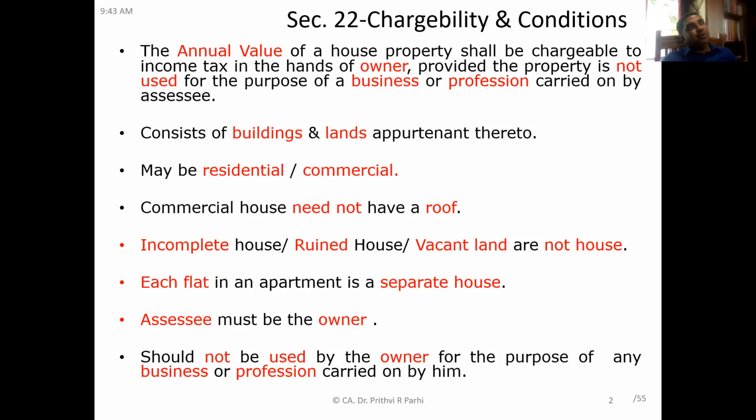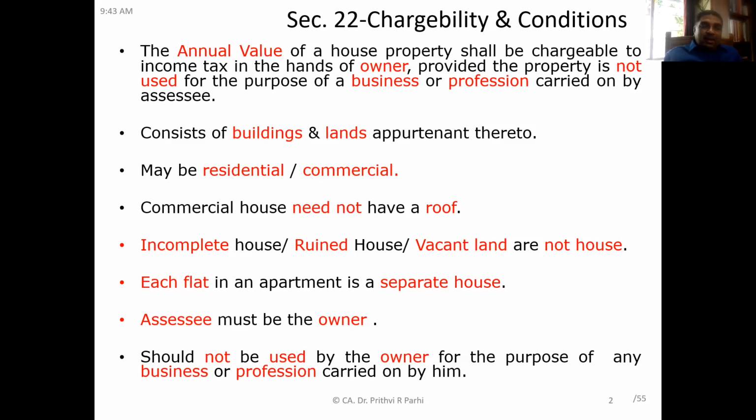So one cannot argue that there is no roof, therefore it is not a house, and consequently it is not taxable under this head. That argument will not be acceptable because it has been clarified in earlier decided cases that if it is a commercial house, it need not have a roof. If it is a residential house, of course, a roof has to be there. Got the point?